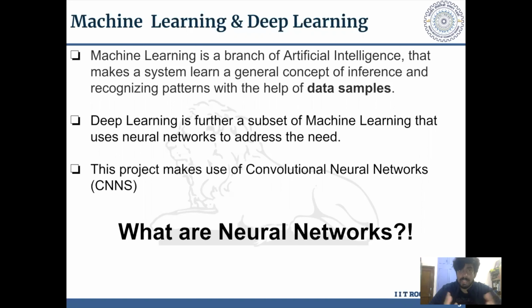Data is available in vast amounts in every industry, take it to be biotechnology, or any other industry, maybe finance. That is boosting the machine learning and deep learning concepts to disrupt these industries. Deep learning is further a subset of machine learning that uses neural networks to address the same need. So this project makes use of convolutional neural networks.